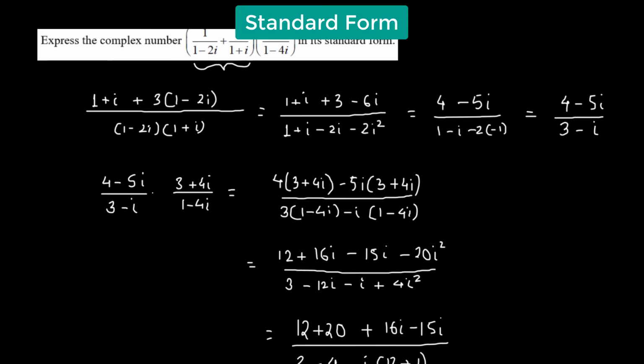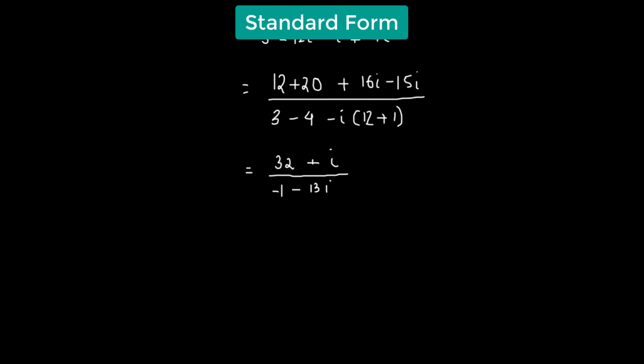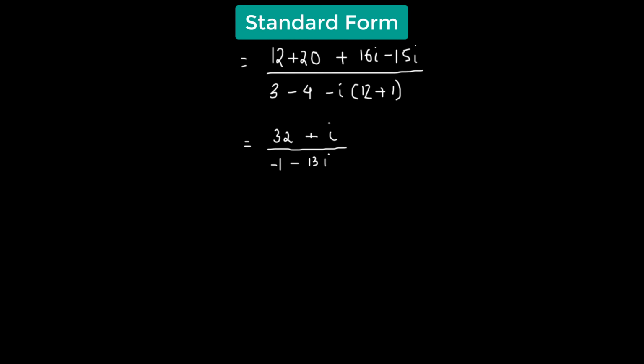So now we multiply the numerator and the denominator by the complex conjugate of the denominator, which will be -1 plus 13i divided by -1 minus 13i times -1 plus 13i.